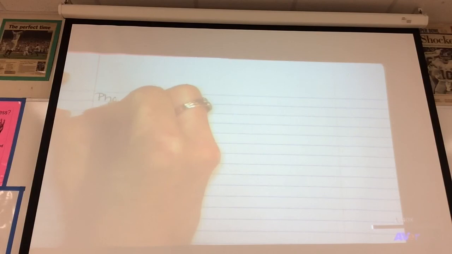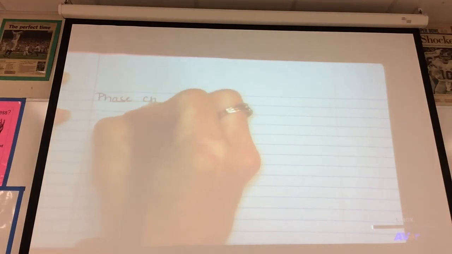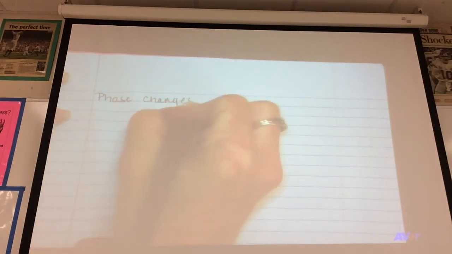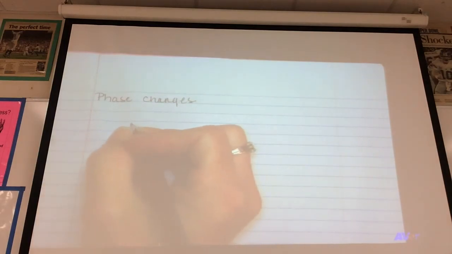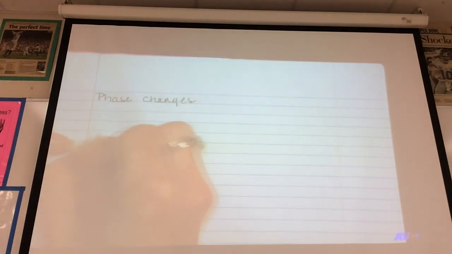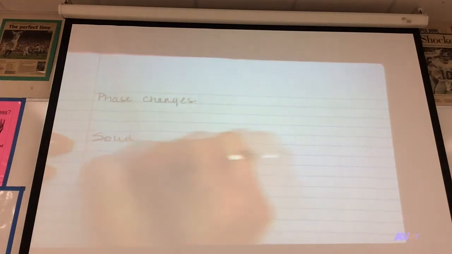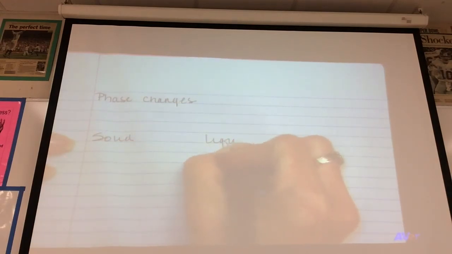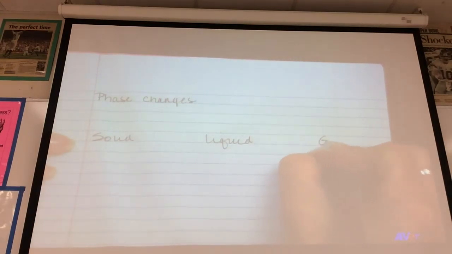So in regard to phase changes, we're going to be considering 3 states of matter. We've got solid, liquid, and gas.